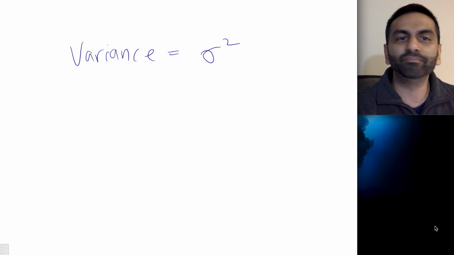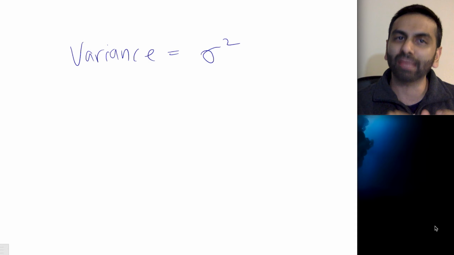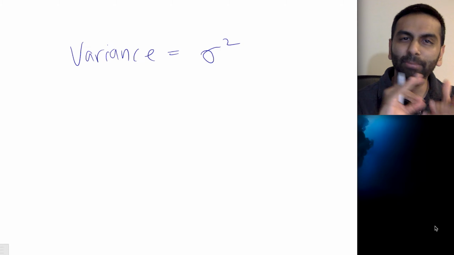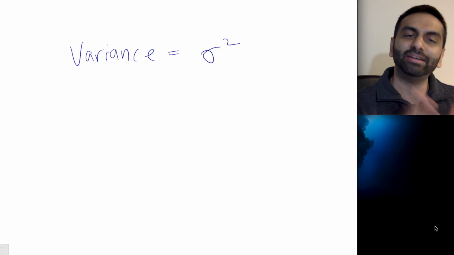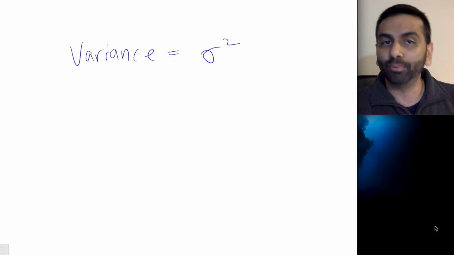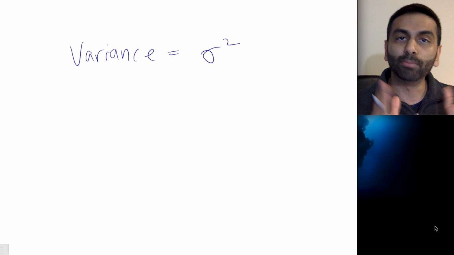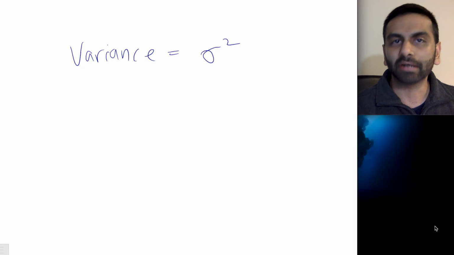But really, it is just like an in-between step to finding the standard deviation. It's like when you're finding the standard deviation, before you take the square root, the number that you have there is the variance. But the point here is that, just like standard deviation, the bigger this number is, the more spread out the numbers are.